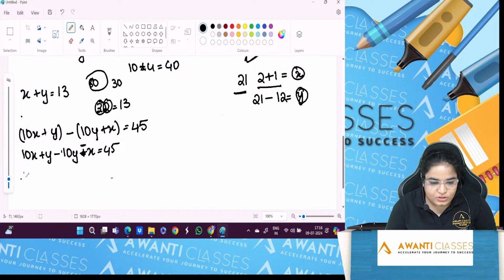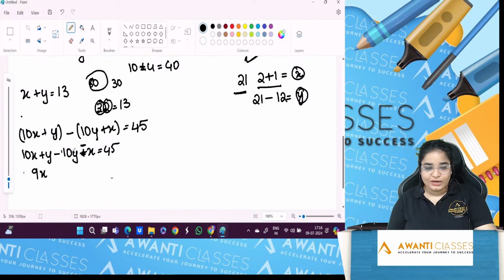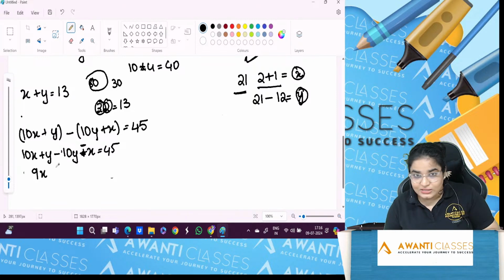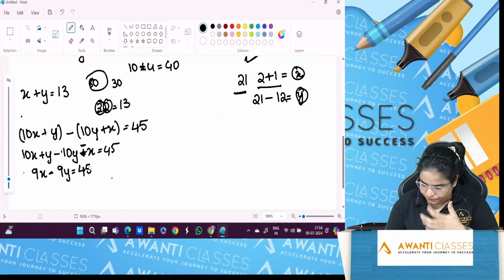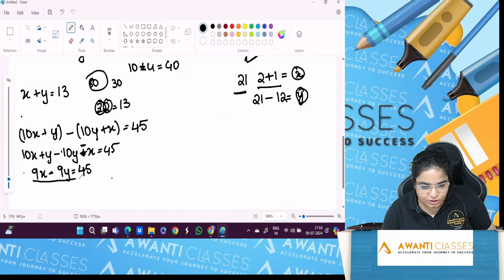Bracket open. So, 10x minus x is how much? 9x. y minus 10y is minus 9y. 9x minus 9y is equal to 45. Yes?